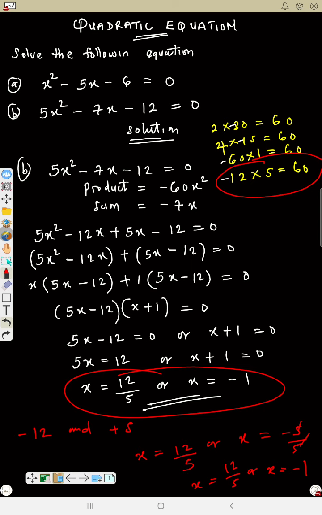Now, so far we have solved all the signs you can see in quadratic equation. Now we have solved a question that involves plus plus, like solve the following. 1. We have solved a question like x squared plus 10x plus 9 equals 0.